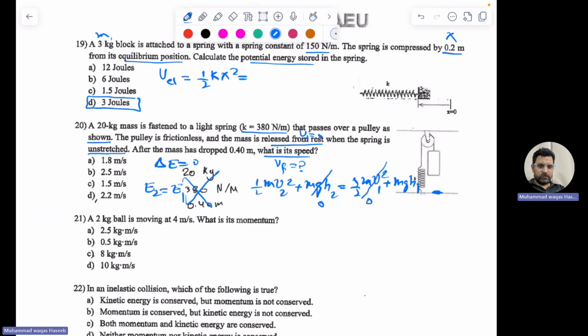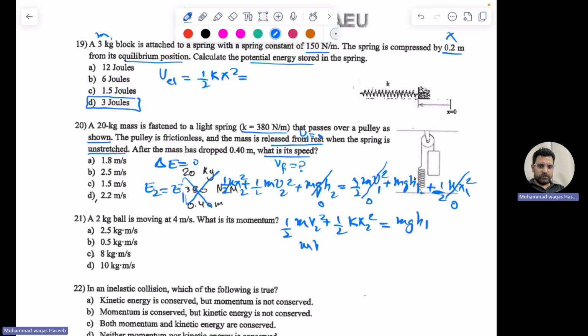Then there is a spring related to it, so we need to add a spring energy, which is 1/2 kx2 squared, to 1/2 kx1 squared. It starts from 0, so this energy goes to 0 as well. So now we are left with 1/2 mv2 squared plus 1/2 kx squared equals mgh1.